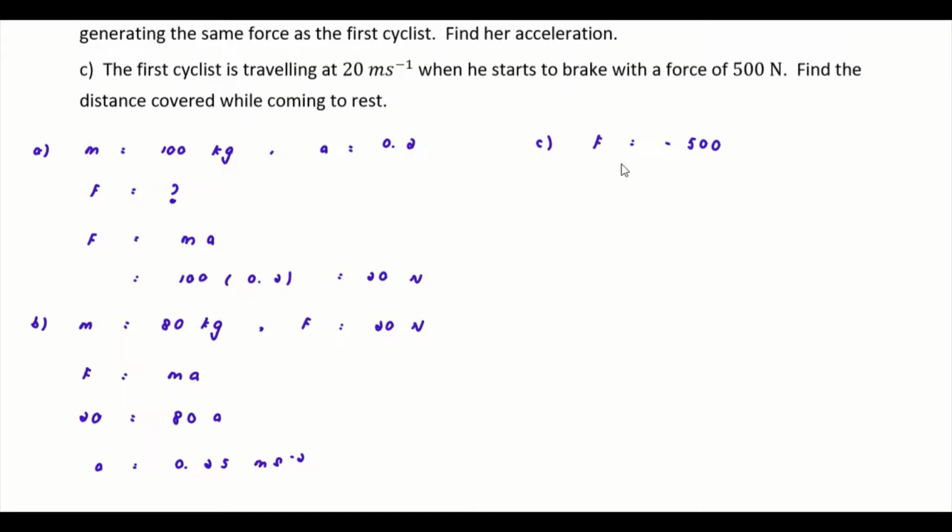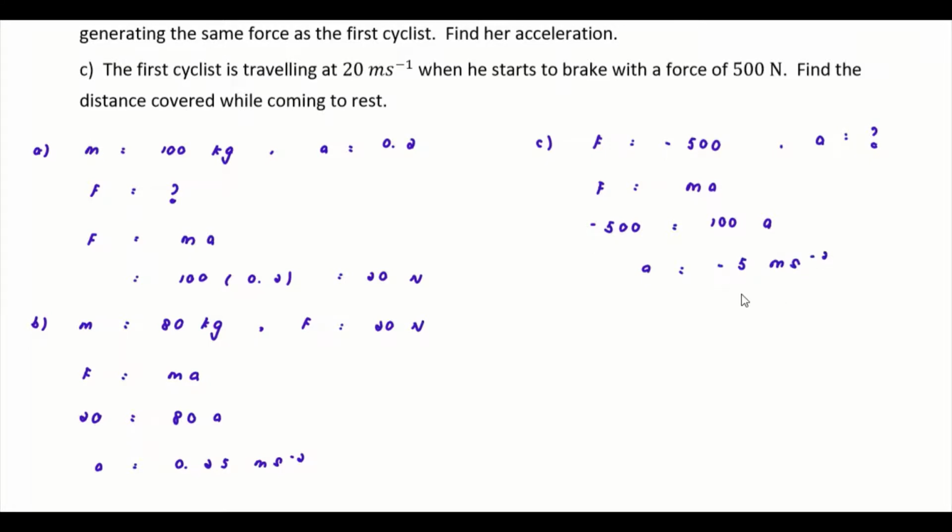So by having this, we can now find the acceleration, because we already have the mass of the first cyclist, which is 100. By using the same equation, F equals MA, we have negative 500 equal to the mass, which is 100, times A. So from here, we know that the acceleration is negative 5 meter per second square.